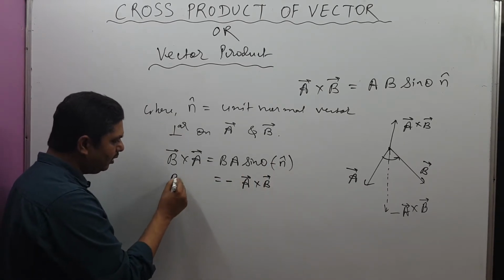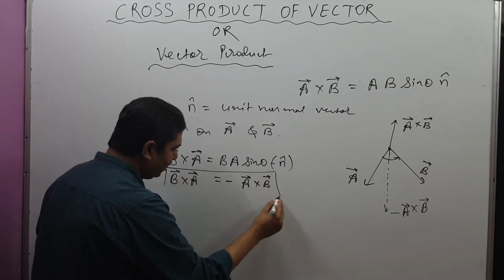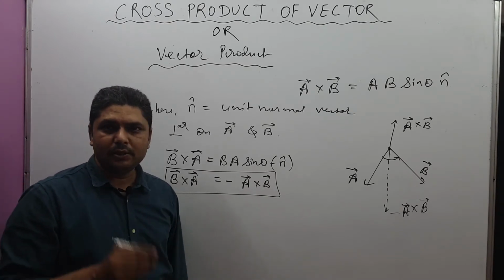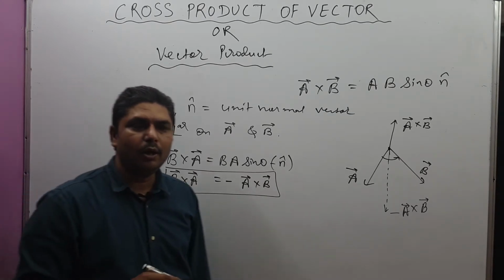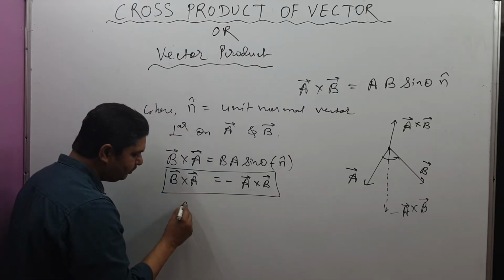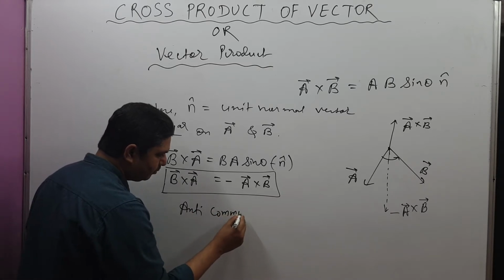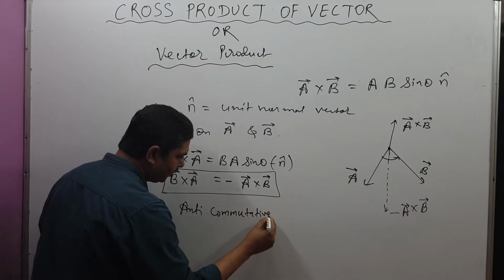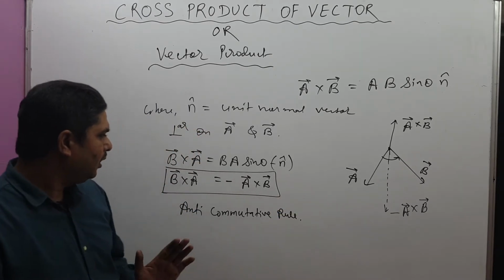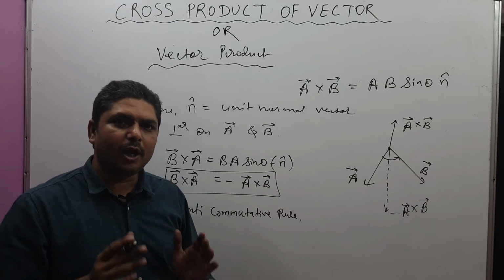So B cross A is equal to minus A cross B. This is said to be anti-commutative rule. That is, cross product or vector product does not obey commutative rule.